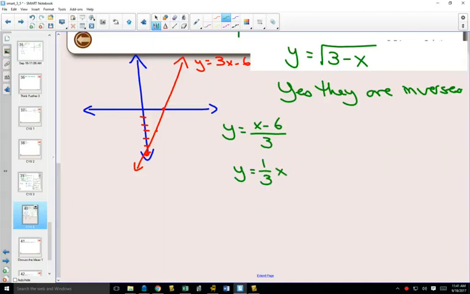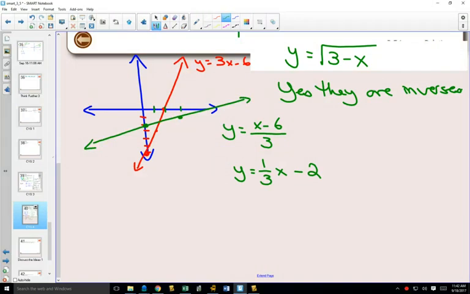And negative 6 divided by 3 would be a minus 2. So a little bit of algebraic manipulation, and I change this to y equals mx plus b form. If I have it this way, I now know negative 2 is the y-intercept. A slope of 1/3 means a rise of 1, a run of 3, and there's my graph.